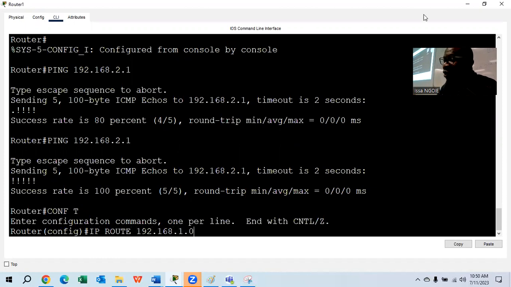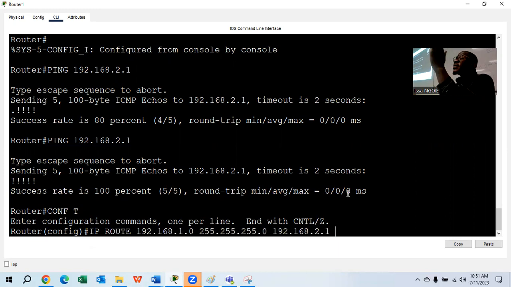192.168.1.0, the yellow network we wanna reach. Space, the subnet mask, space, how my data will come in, right? So I must check the interface from the destination router. That interface IP is 192.168.2.1, right?